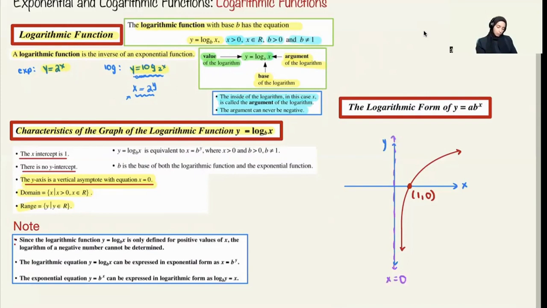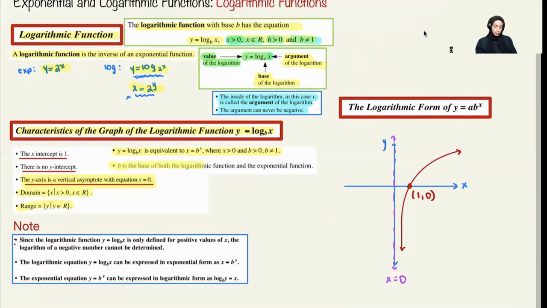Okay, and then we can see over here that y is equal to log base b of x is equivalent to x is equal to b to the power of y. We talked about that here. And we know that it has these same restrictions over here where x has to be greater than 0, b has to be greater than 0, and b cannot be 1.